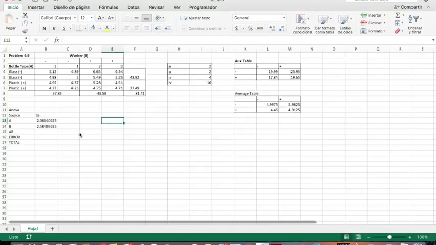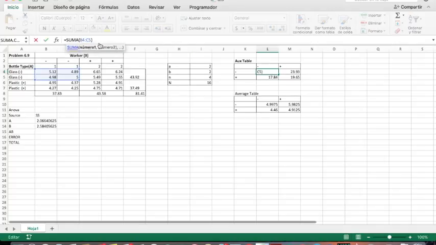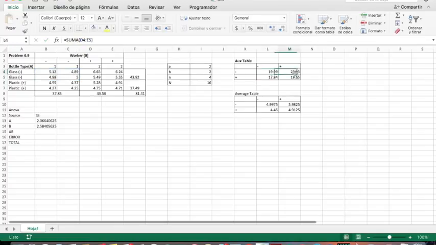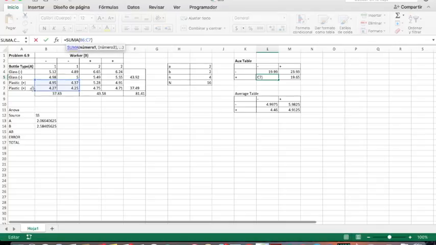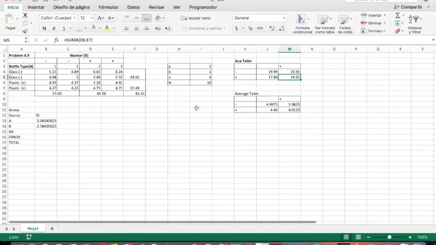So in order to get interaction, you need an auxiliary table. This auxiliary table, I already made it, and it consists of 4 data, which are each of the four possible scenarios. This is the sum of minus minus, this is the sum of minus plus, this is the sum of plus minus, and this is the sum of plus plus.